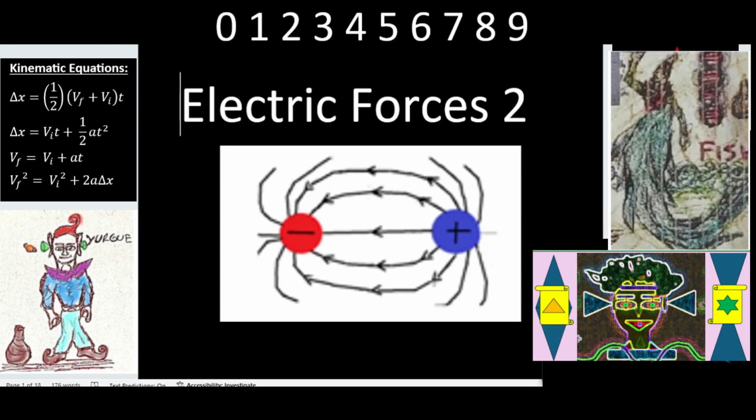The fields are generated by photons that are emanated from these particles, generating the geometry, which in this particular case causes the particles to attract one another because one is negative and the other is positive.